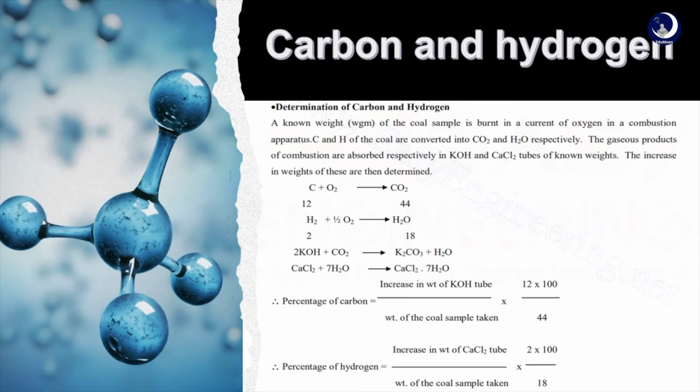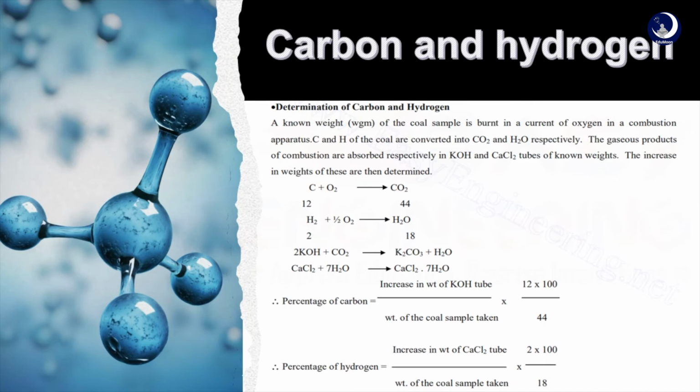Now, coming to the determination of carbon and hydrogen. For example, let's take about 1.2 grams of accurately weighed coal sample and burn it in oxygen, that is, coal plus O2. Then the C and H present in the coal are converted into CO2 and H2O.